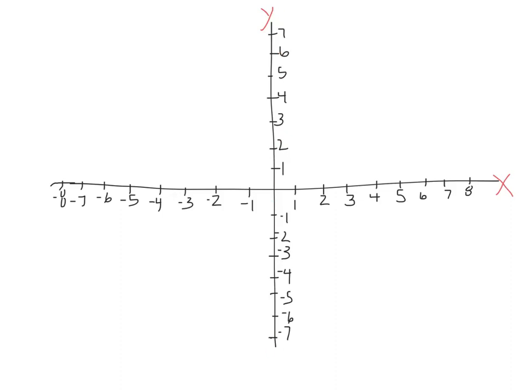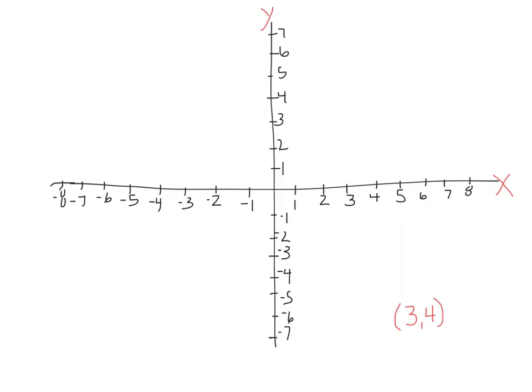And then what we do is we put points on the grid. So we would be given a point to graph. So for example, it might say to graph (3, 4). So whenever I'm given this, it is called an ordered pair.